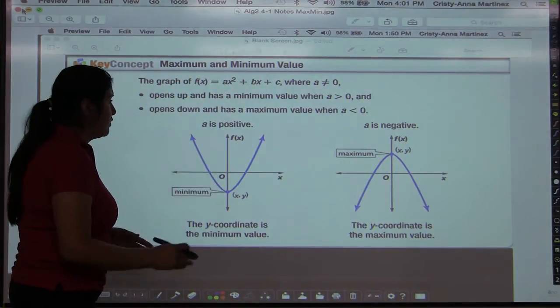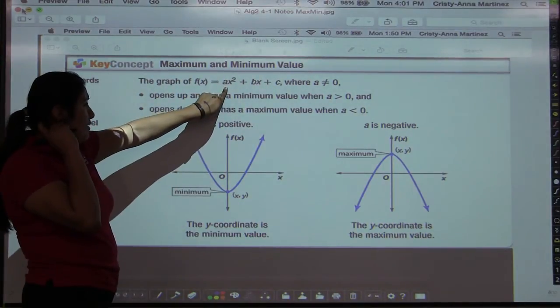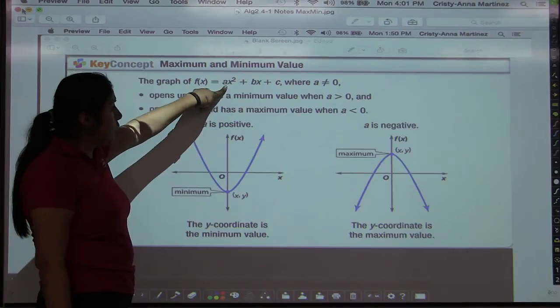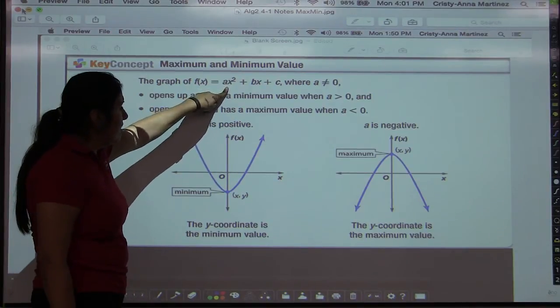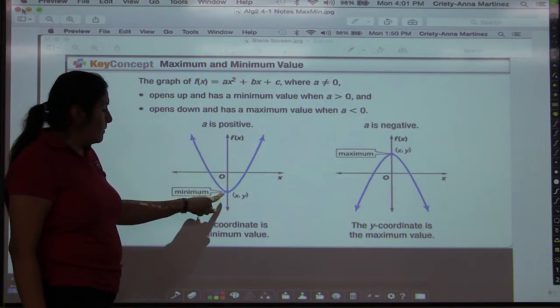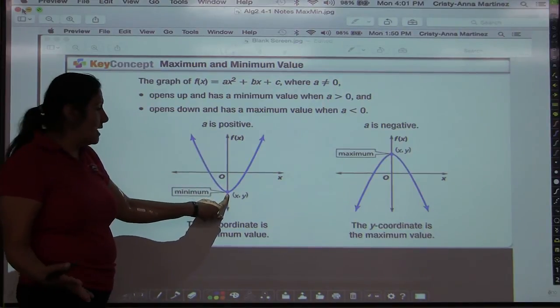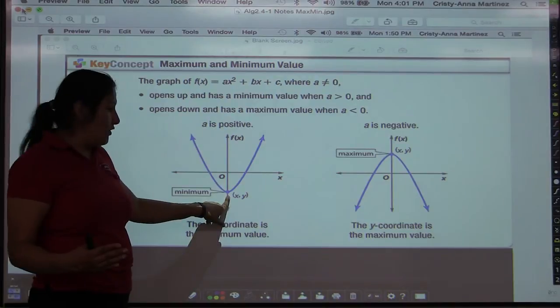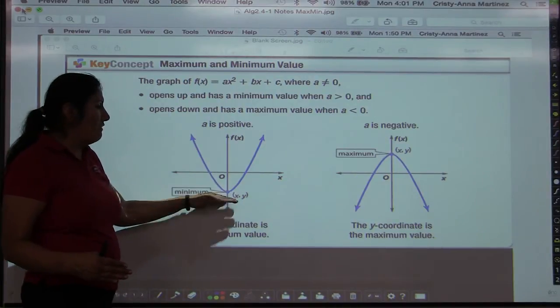And so the difference between the two is this A term, the quadratic term that we talked about before. If this quadratic term is positive, then it's going to open upward. And if it's opening upward, this point on the graph, which is the vertex, is also the minimum point on the graph. It's the lowest point on the graph.